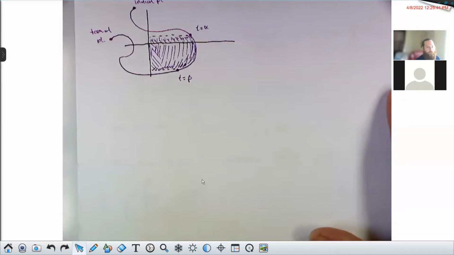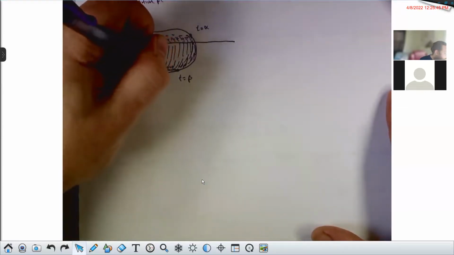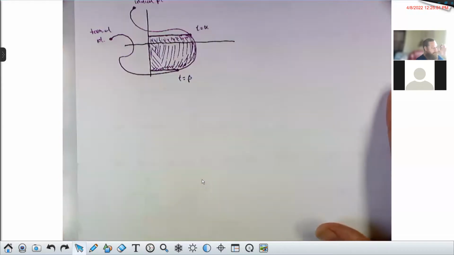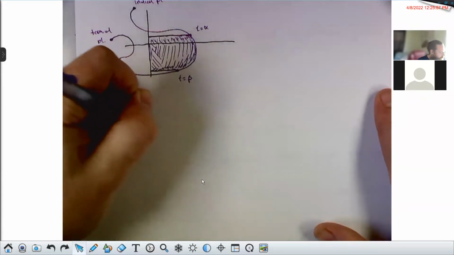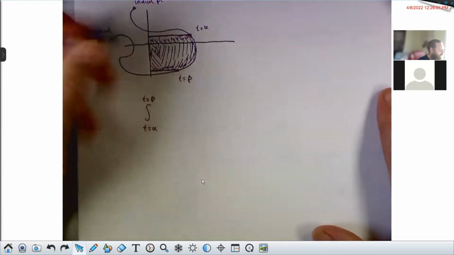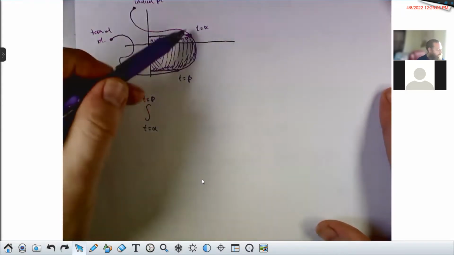by sort of turning the picture sideways, right? Here's the lower bound. Here is the upper bound. And this area we would find as the integral from t equals alpha to t equals beta. Now I'm thinking of x as a function of y.